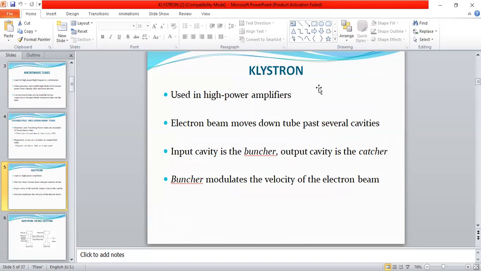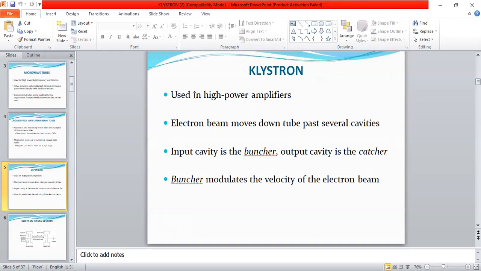If you use a positive feedback in the klystron, that is a repeller system, then the klystron is considered as a reflex klystron oscillator. If you are not using any repeller system in the structure, then the klystron is considered as an amplifier. So here in case 1, we consider this klystron as an amplifier.